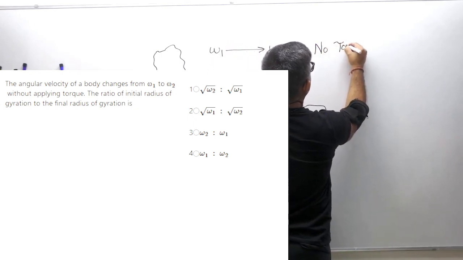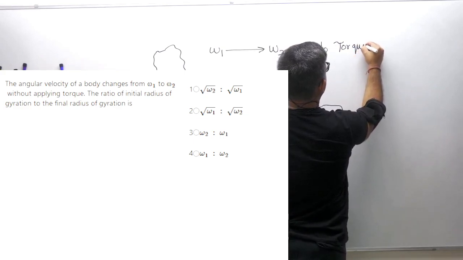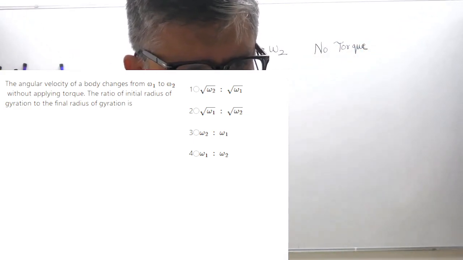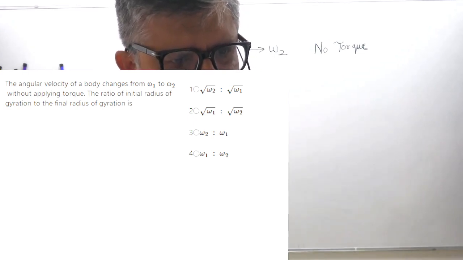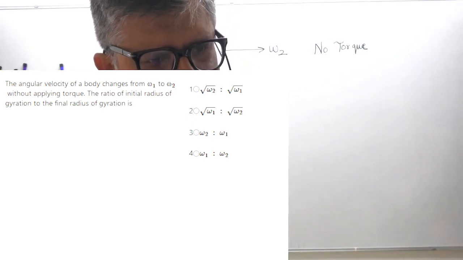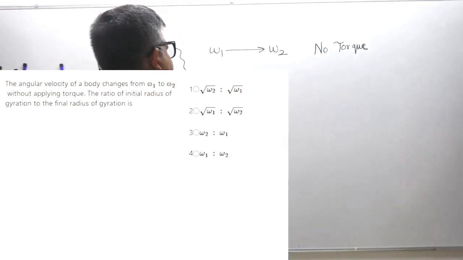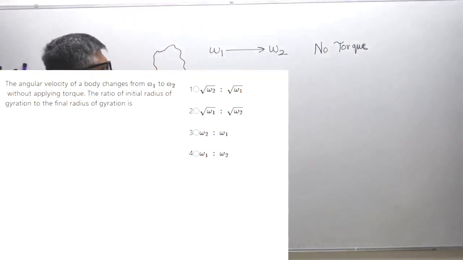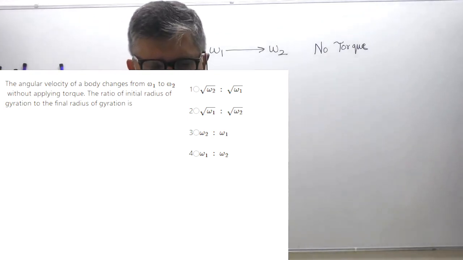So no external torque, right? Which is good. And the ratio of the initial radius of gyration to the final radius of gyration is being asked.